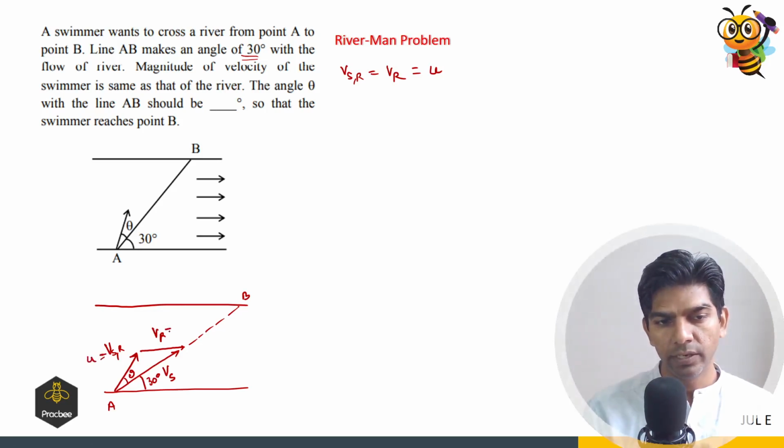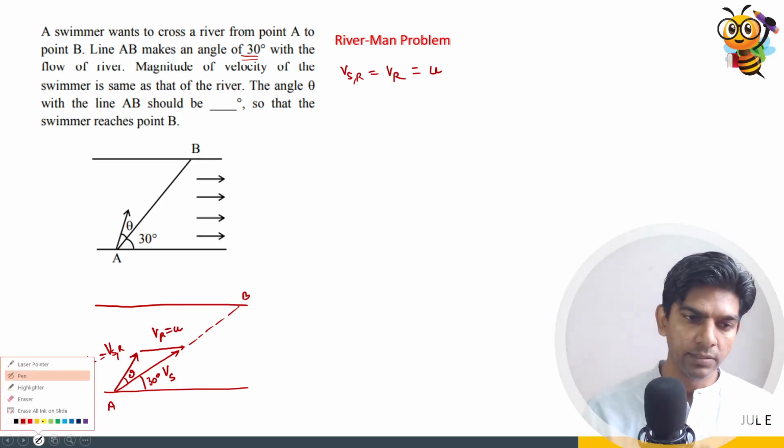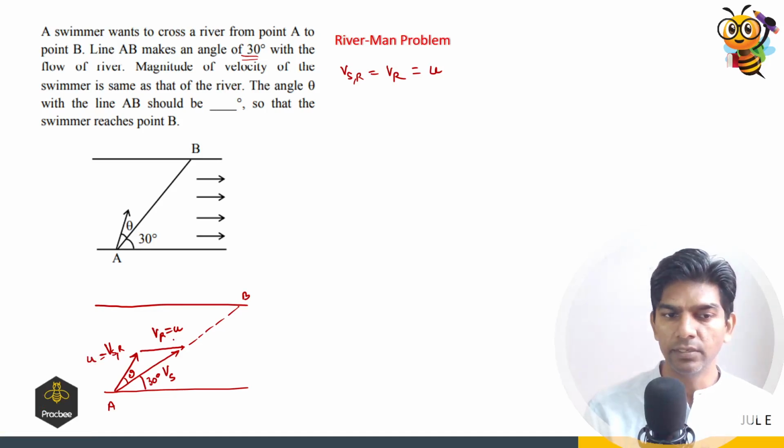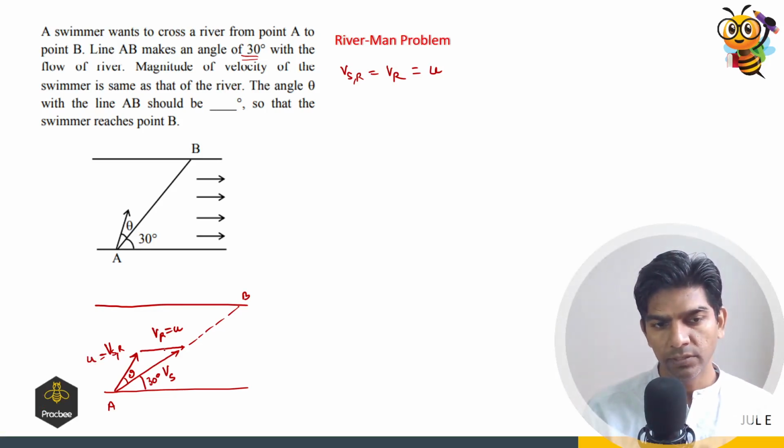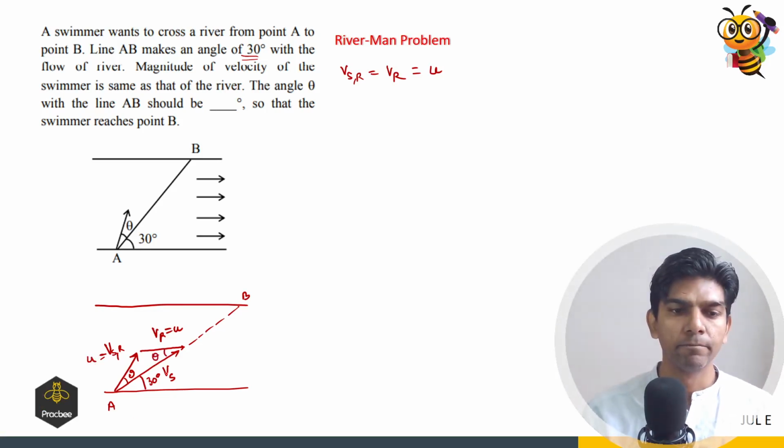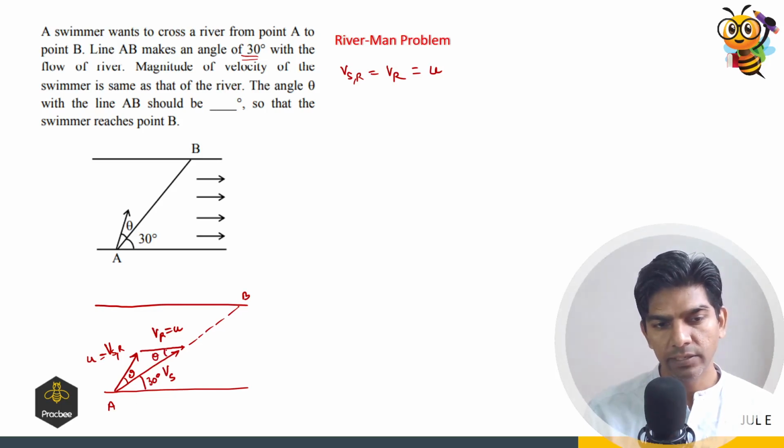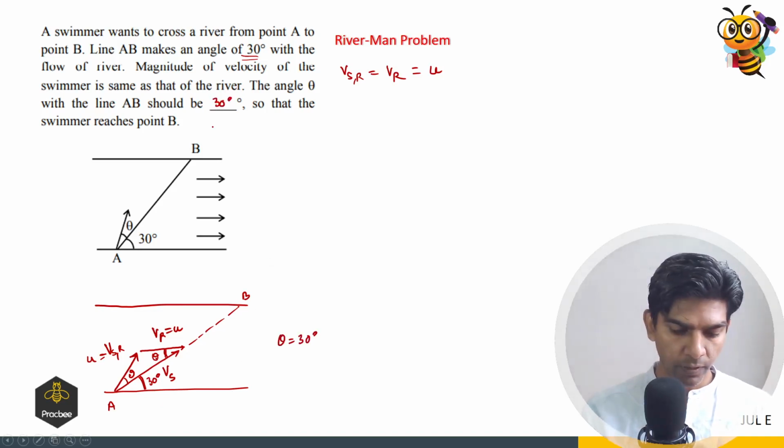This is u, and this is also u. And since VSR is same as VR, we can say this angle is also theta, right? And if you look at this angle theta, it is alternate angle, right? So theta and 30 are alternate angles. So theta is nothing but 30 degrees. So the answer will be 30 degrees.